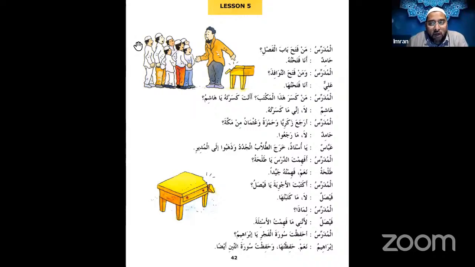Because the word at-tulab al-jududu are those about whom we are speaking, and because they have come before the verb, the verb has to correspond accordingly to them. So first of all, kharaja at-tullabu, a singular verb with a plural, which is legitimate. It's correct. But then dhahabu, the at-tullab is not repeated. Because we are speaking about the students who have been mentioned already, the verb has to correspond in the number of students we're talking about. Wadhahabu ilal mudiri. Correct.